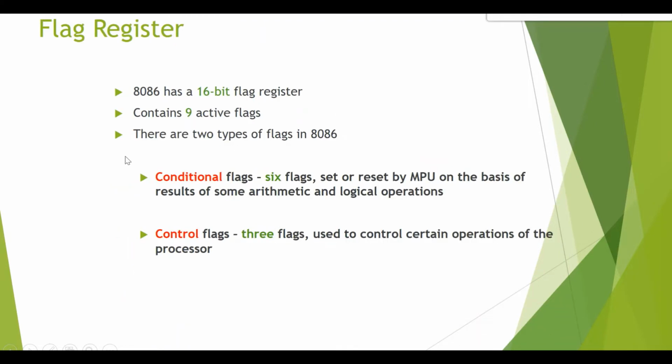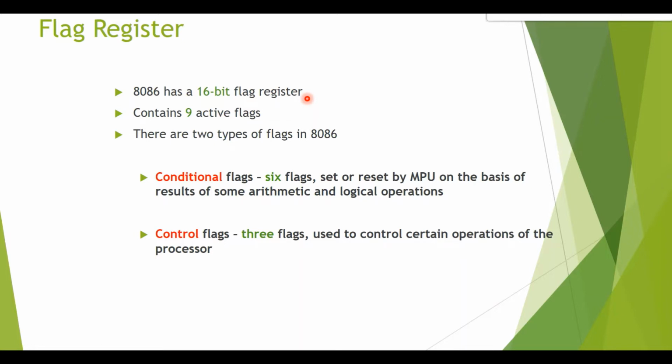Then we have the flag register. In the 8086 we have a 16-bit flag register, as in the 8085 we have an 8-bit flag register with 5 flags.